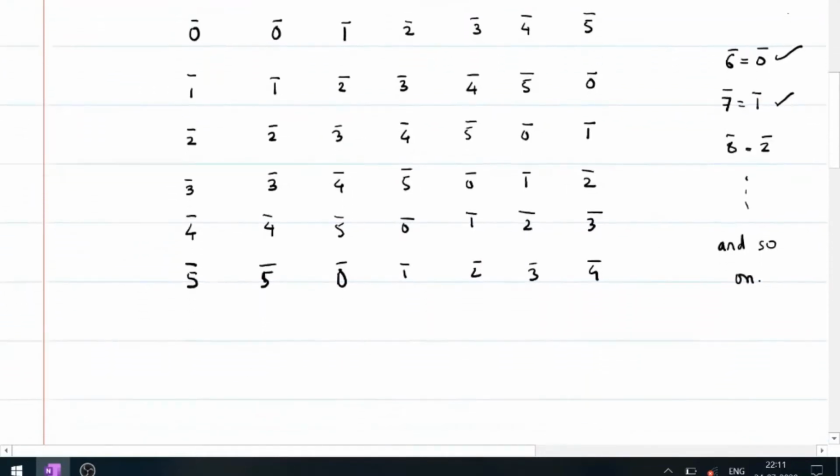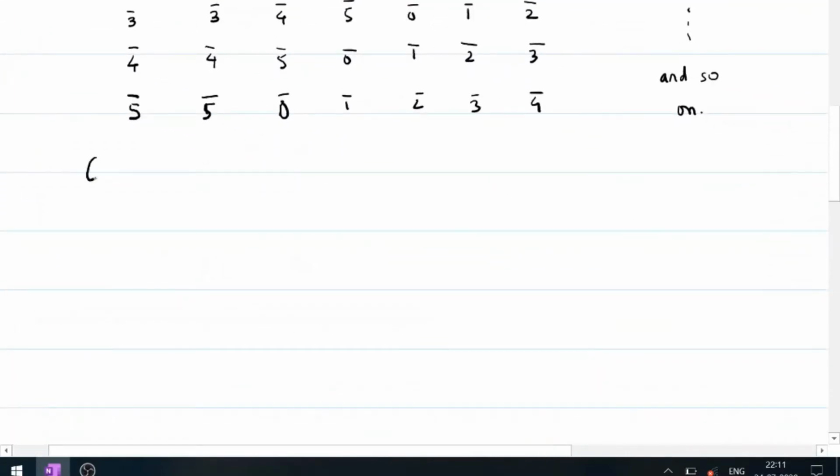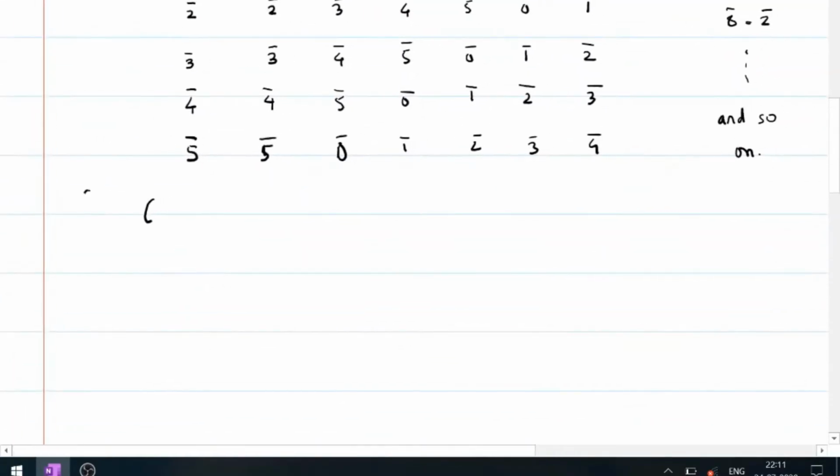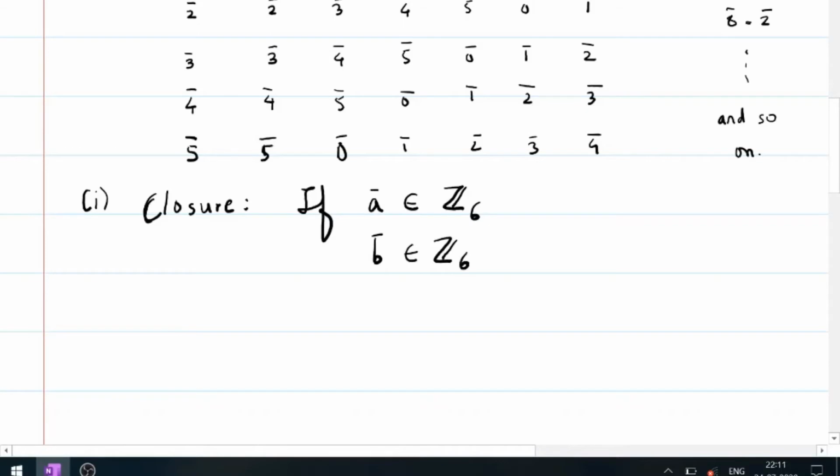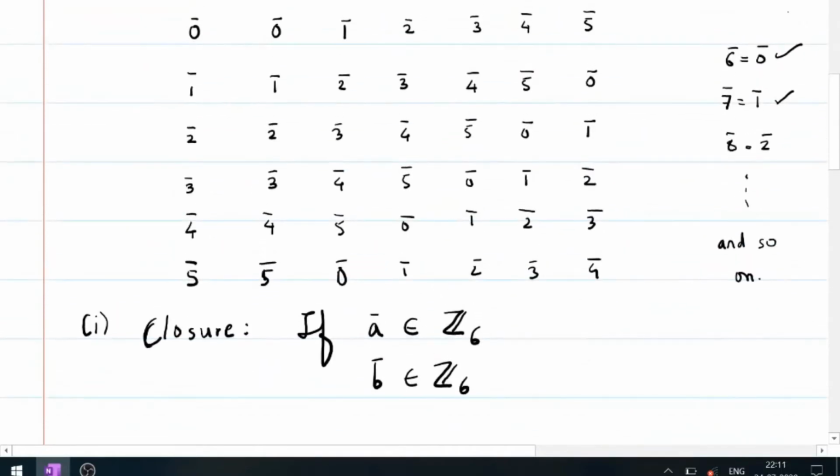Okay, so if you take any two elements of Z6, let me write closure. If A bar belongs to Z6 and B bar also belongs to Z6, then the above table says that addition of any two elements in Z6 again comes to be an element which is in Z6 only.